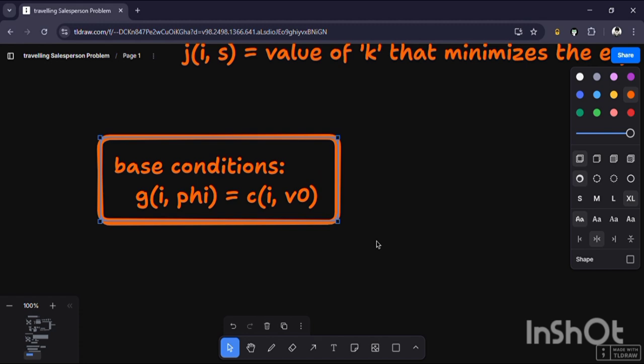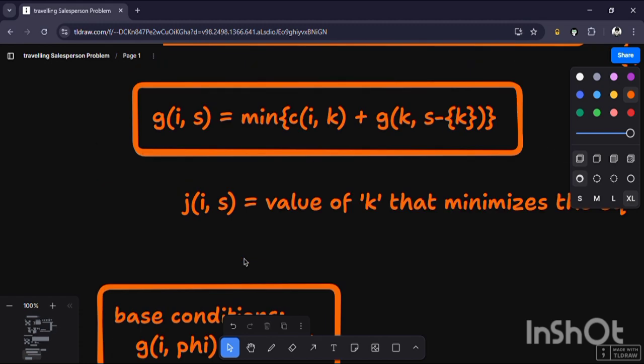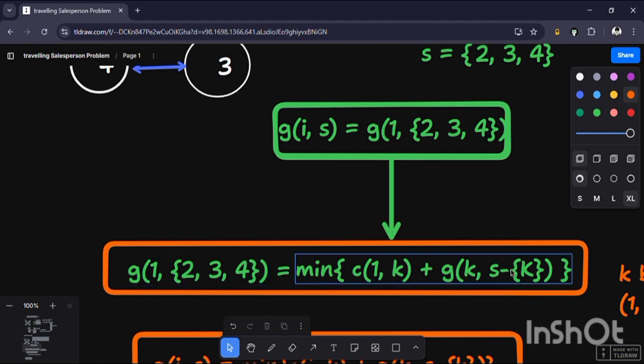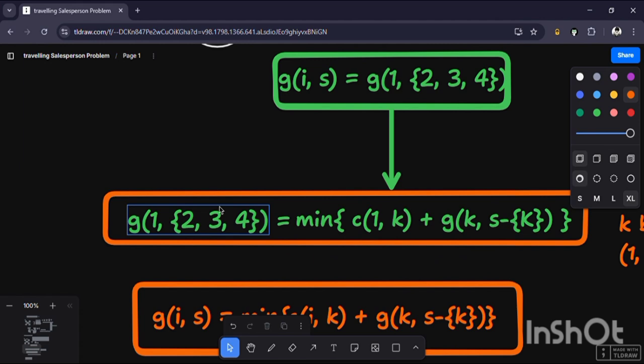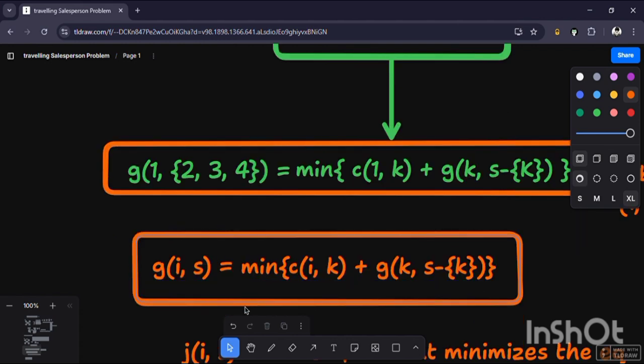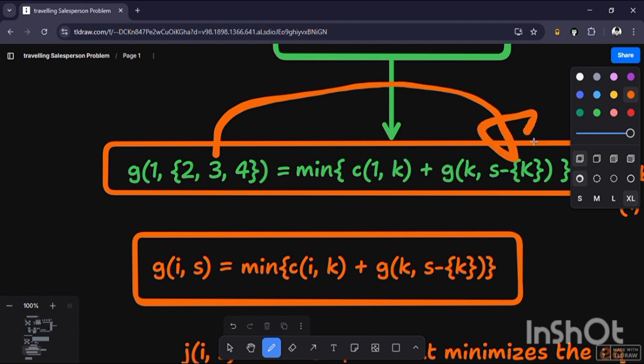So this is what I have to calculate, right? For this, what is the cardinality of the S set? How many numbers are there in the S set? 3. Cardinality is 3. But here you can see that this S depends on this S. This S size is 3 and this S size is 2.